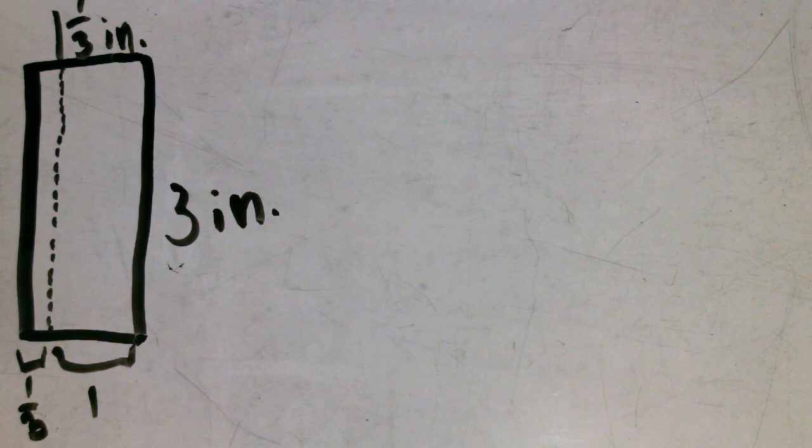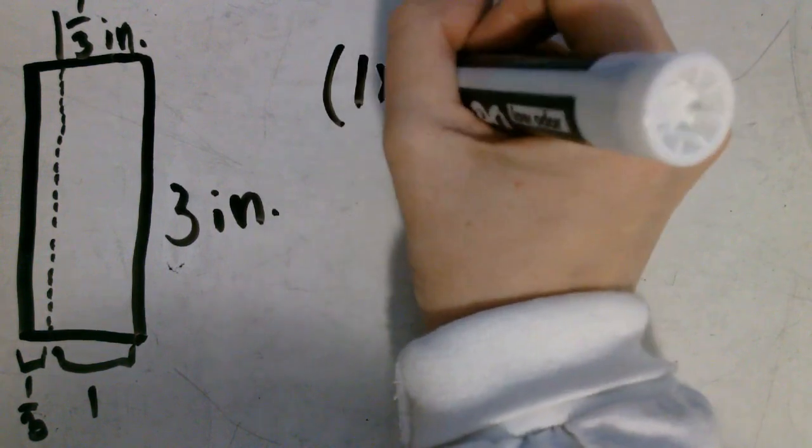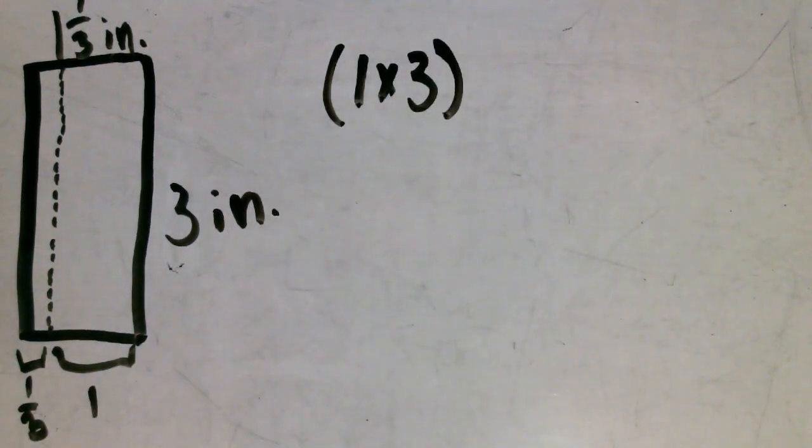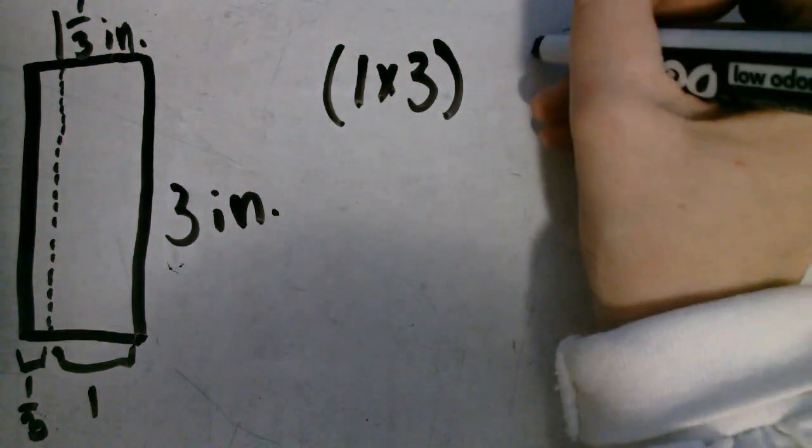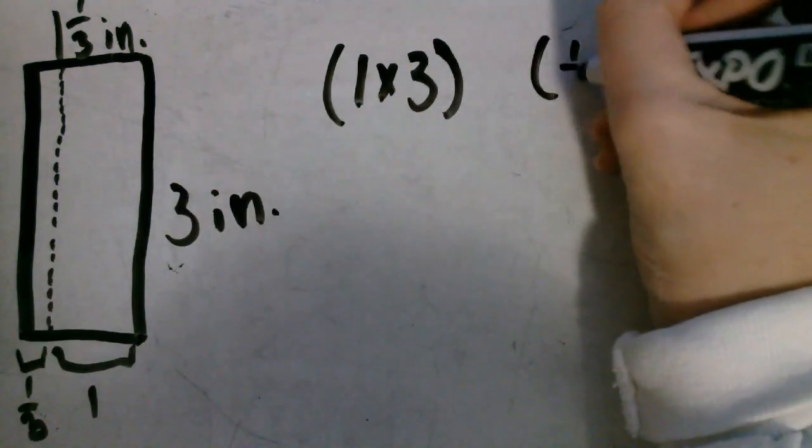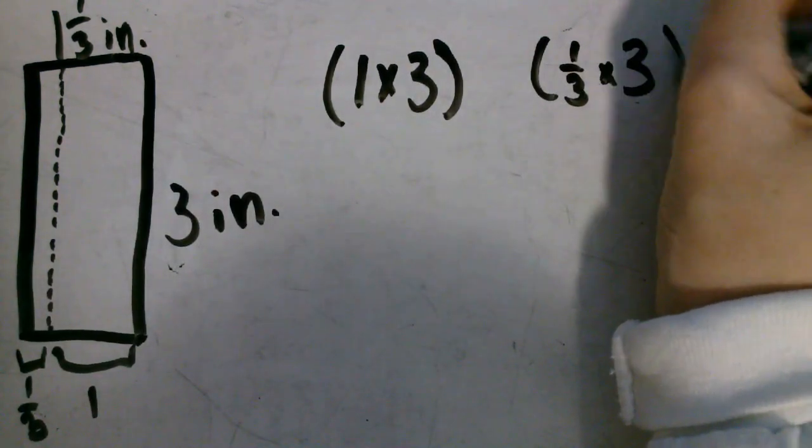Now that we did that, we know to find area, we have to multiply the two sides. So for our 1 shape, we have 1 times 3. Write that in parentheses on your whiteboards now. We also split it up so that we would have 1/3 times 3.